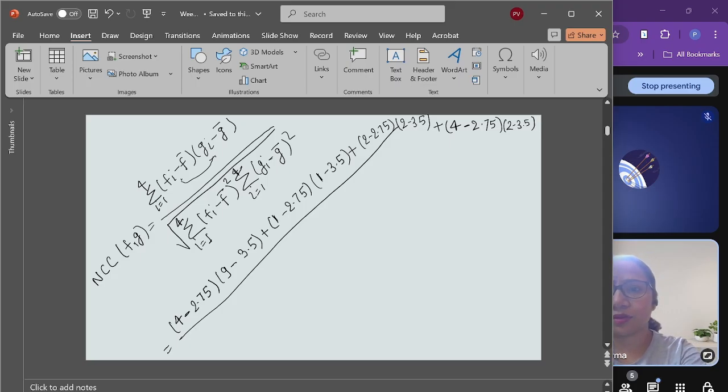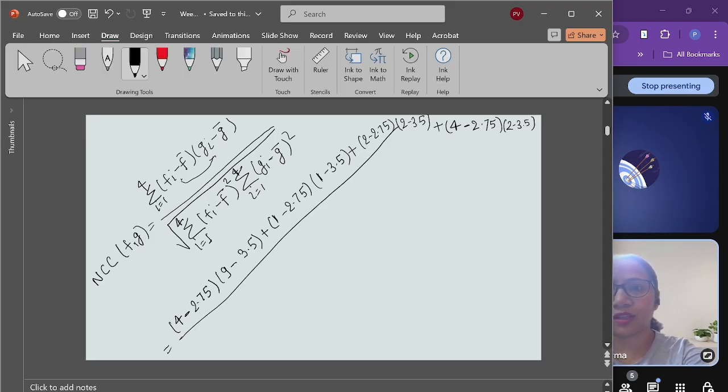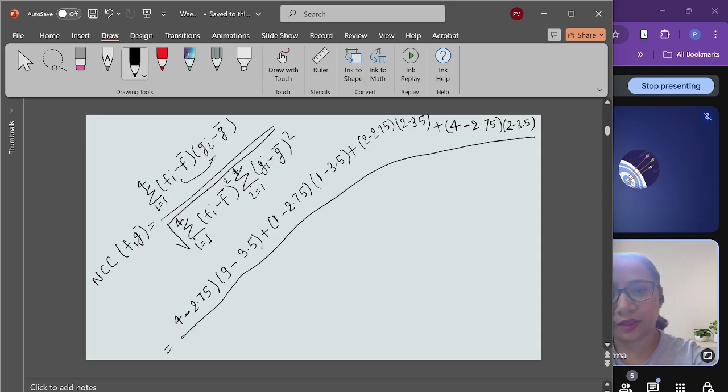So till now, can you calculate these values in the upper part? I'm taking the division like this. In the lower part also, it is a root of all the values. So first we take this one, then this one, multiplication of these two values.